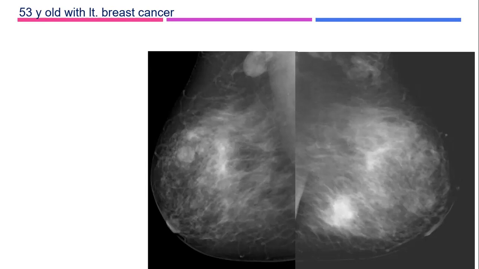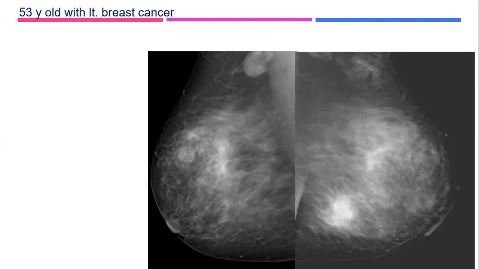So your BI-RADS? I will take the big one, BI-RADS 5 according to the left breast. And the right could be a BI-RADS 3.